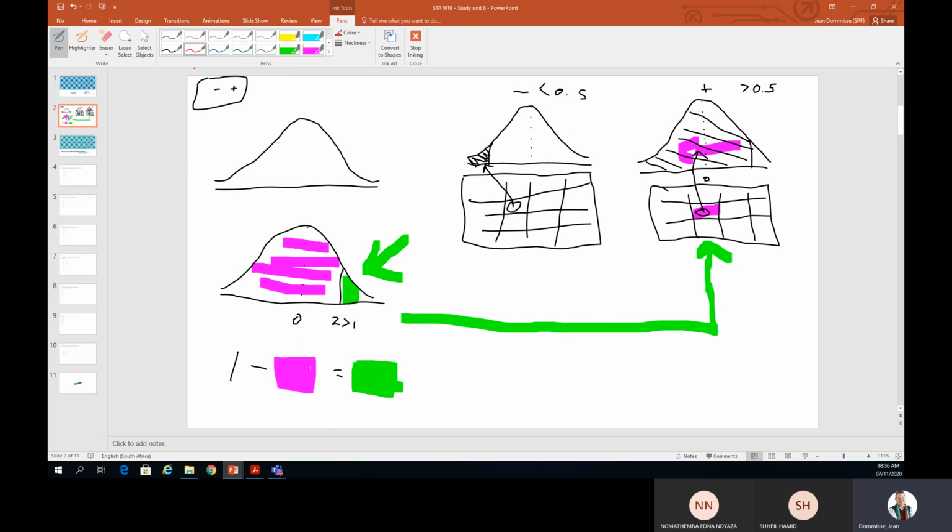If I needed to get Z smaller than 1, then it's a perfect match. So whatever is in your table will be the numbers that you are looking for. Okay, now let's look at if something was negative.